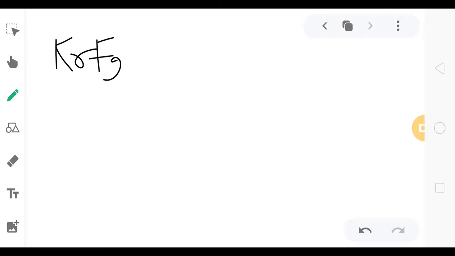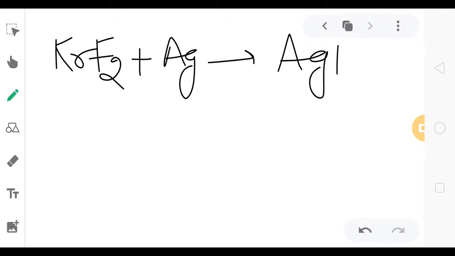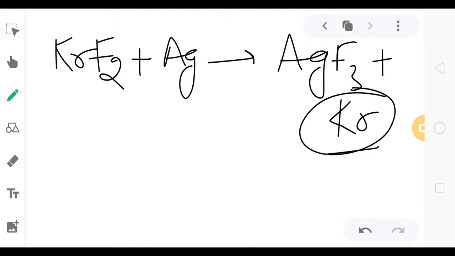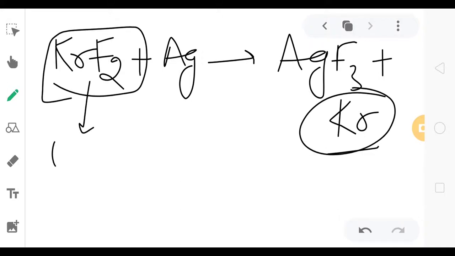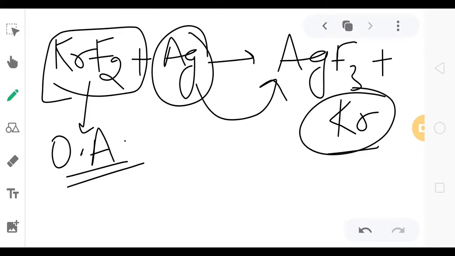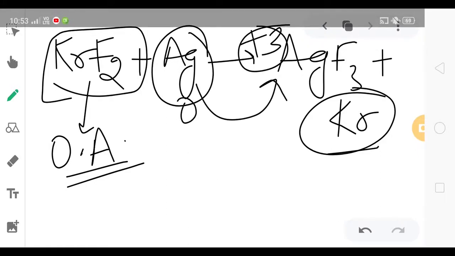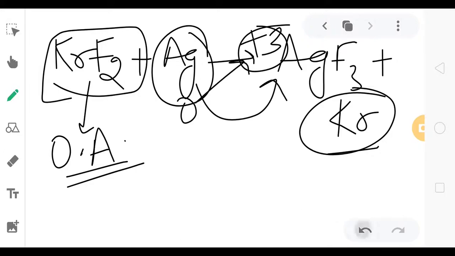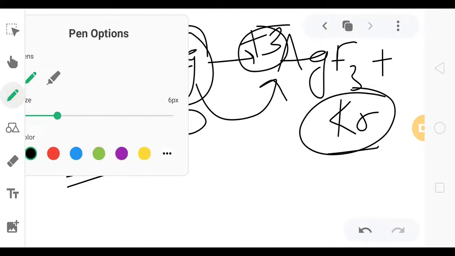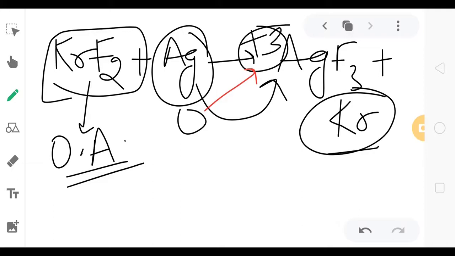Now the second reaction is with the KrF2 we have synthesized. When it reacts with silver, we get one important product, AgF3, and Kr in reduced form. So what I said, that this is the oxidizing agent, it has oxidized the silver from 0 to +3.